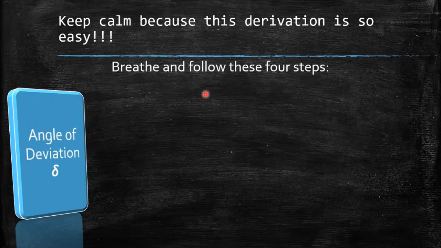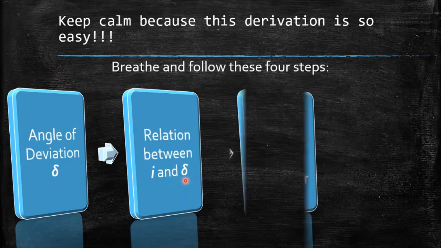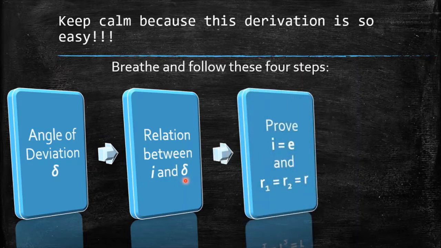The first one is to find the angle of deviation delta. The second one is to probably establish a relation between the angle of incidence I and the angle of deviation delta. The third step is to prove that the angle of incidence is equal to the angle of emergence, and that R1 will be equal to R2, which will be equal to some value R, and to deduce the condition which involves all this.